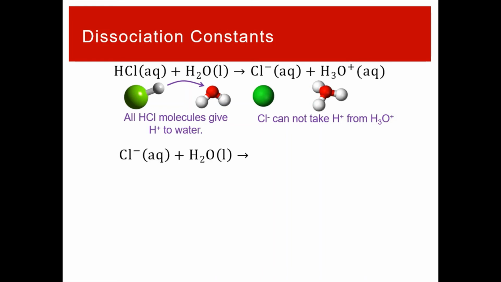So if we put chloride into water, now you're thinking, can chloride take a hydrogen away from water? Well, chloride was incapable of taking a hydrogen away from hydronium, which is already not the most stable of ions. If chloride can't pull that hydrogen off of there, it certainly is not going to pull a hydrogen off of water.